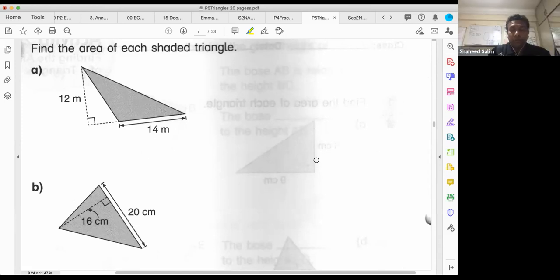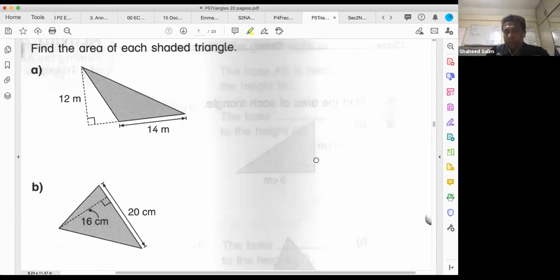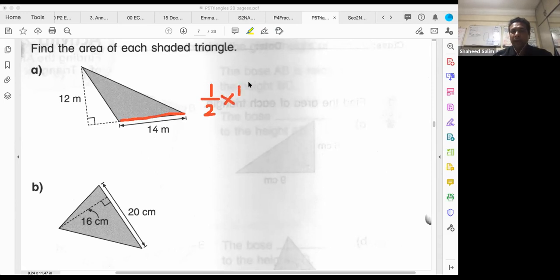Sir, 84, sir, for A. Yes, 84. Congratulations. So how did Mr. Akil and Raidi get 84? Half times the base. The base is at the bottom, times 14, and the height times 12. But how come the height is like that?